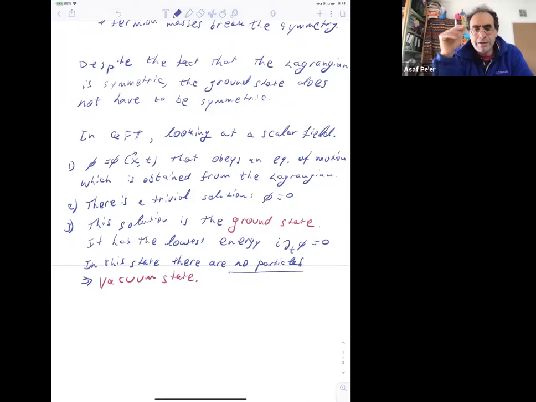Now, around this state, we do perturbation. We are interested in particles, so we do perturbation theory that treats a small number of particles. So the first quantum excited state is a state that represents a single particle, with a specific momentum.